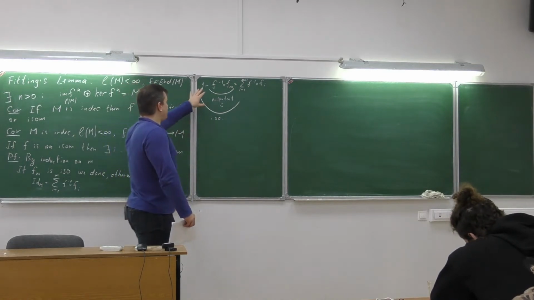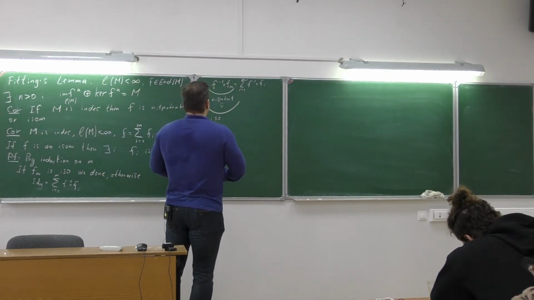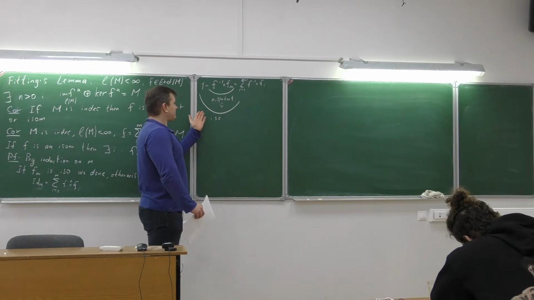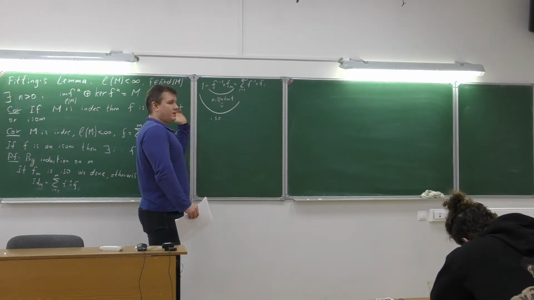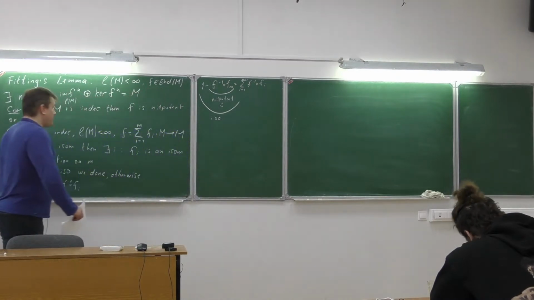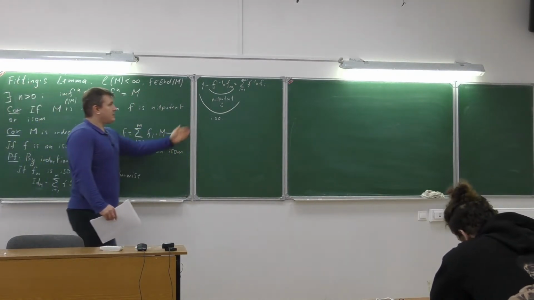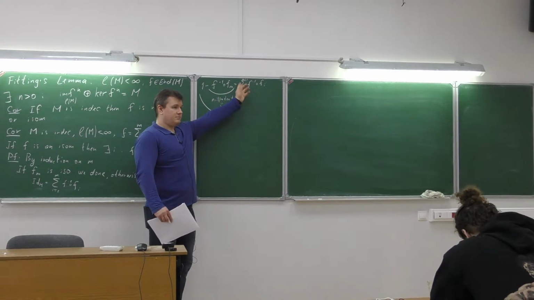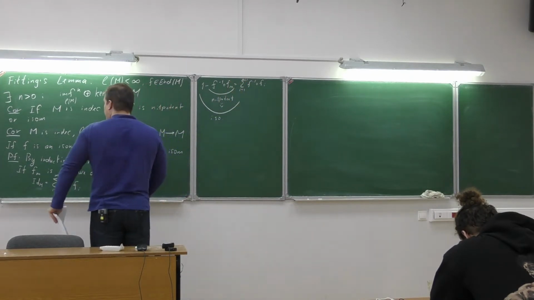So this is again an isomorphism, and we've done the step of the induction, right? So we start with an m, and now we have the same statement with some isomorphism and m minus 1. So by induction, this result follows.